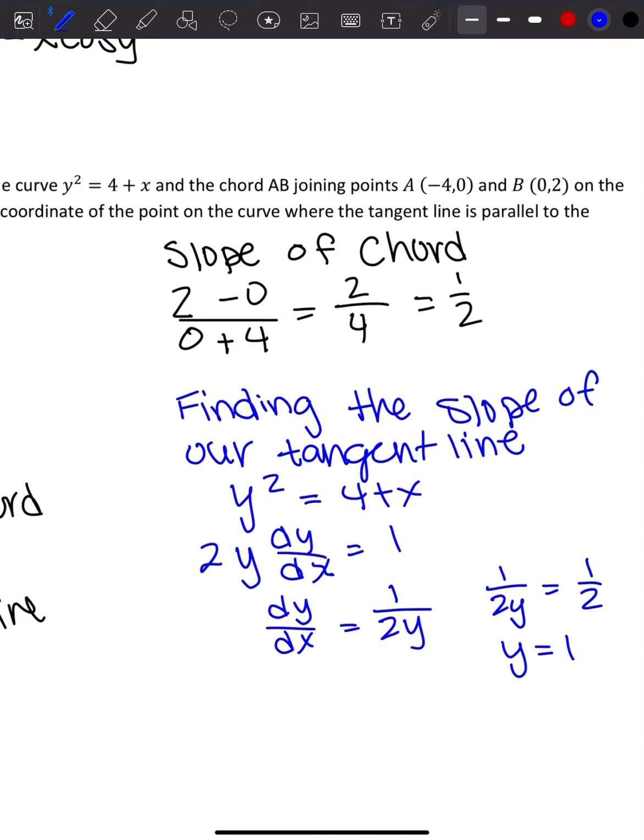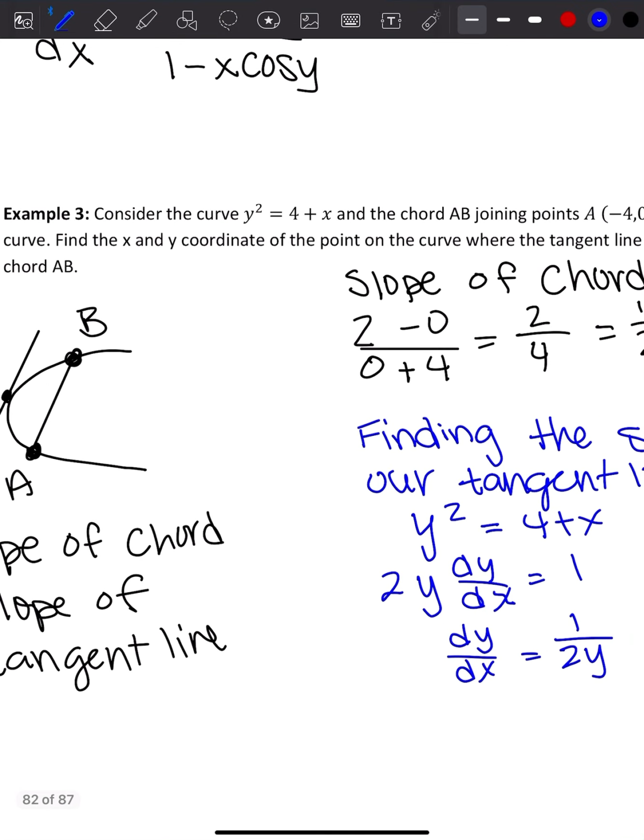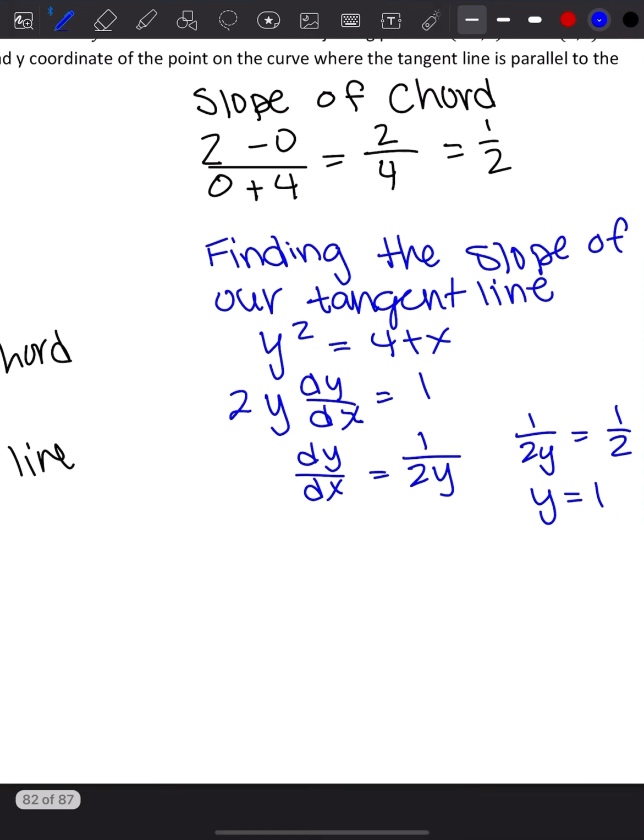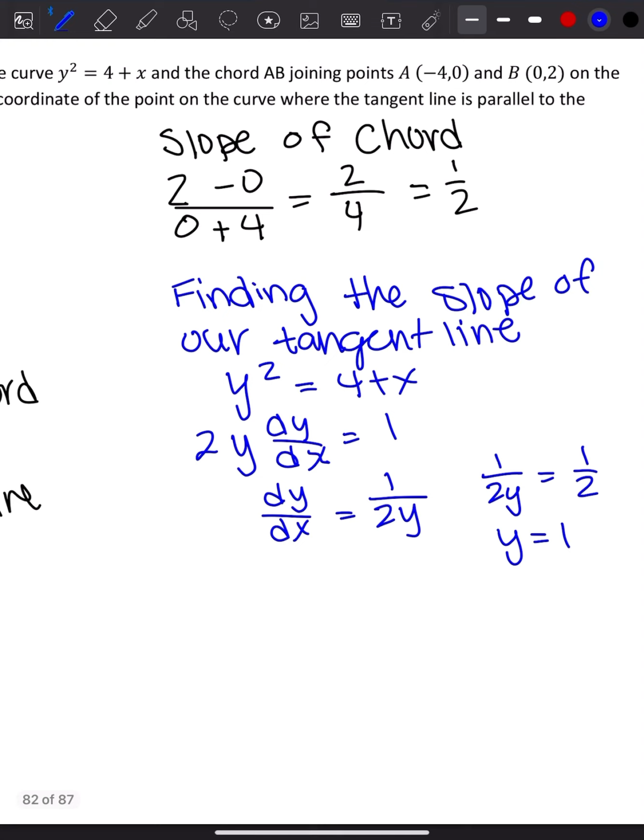Now that we have our y value, we need to find our x value. So I know I need to find my x value because what we're trying to find is the coordinate point. So we have our y value, we just need to find our x value. So finding x. Our equation is y squared equals 4 plus x.